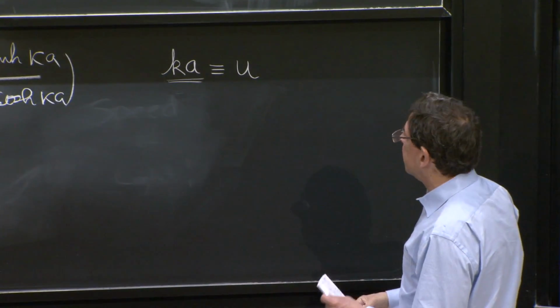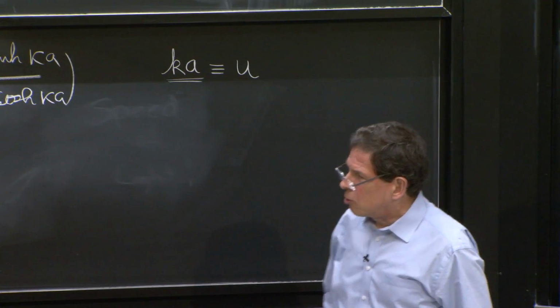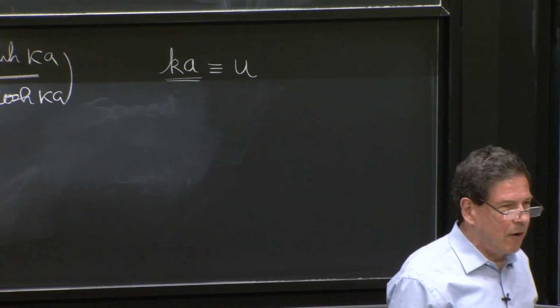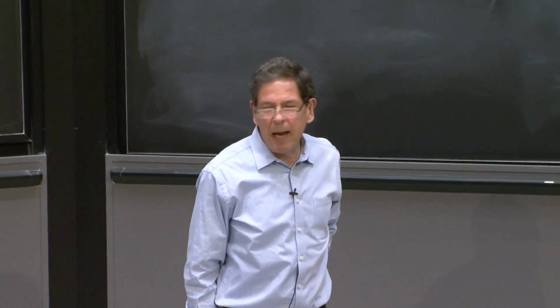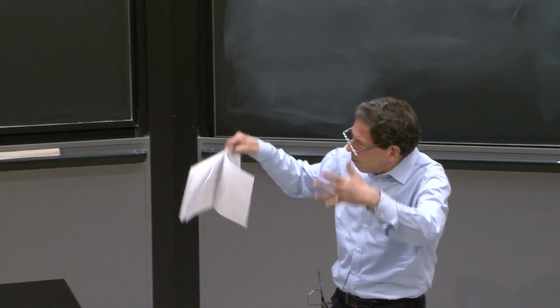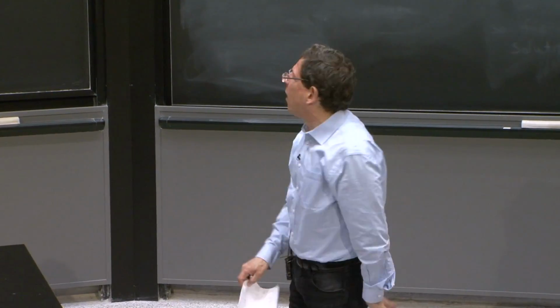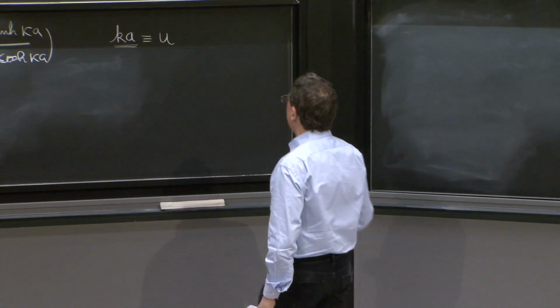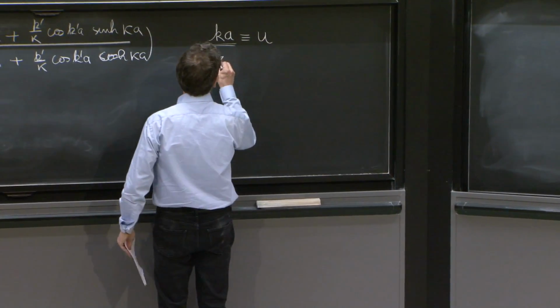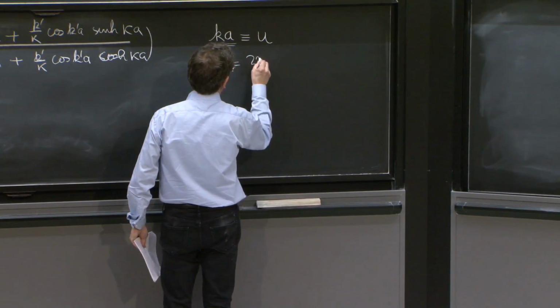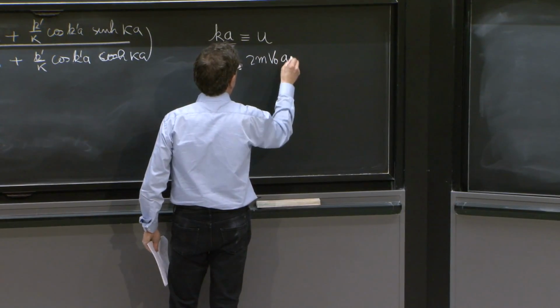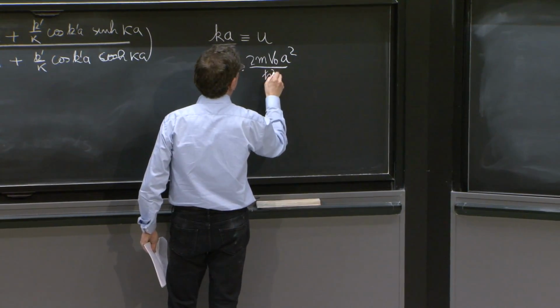Then you have two parameters of the square well type, a depth V0 and a height V1. So it's natural to define, just like you would have z0 squared, which is 2m V0 a squared over h-bar squared.